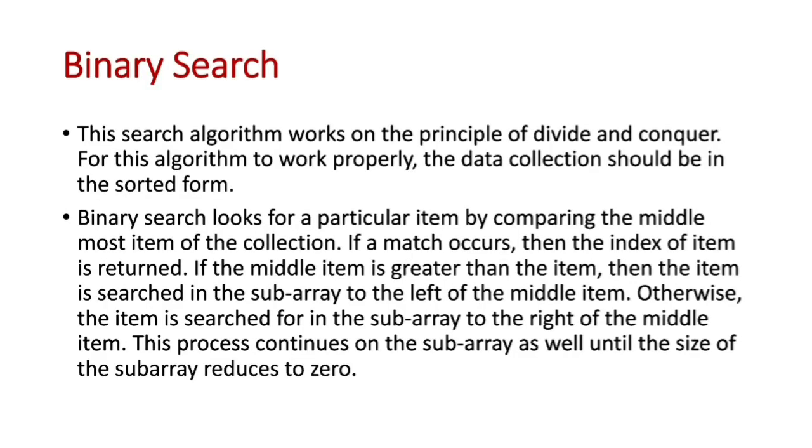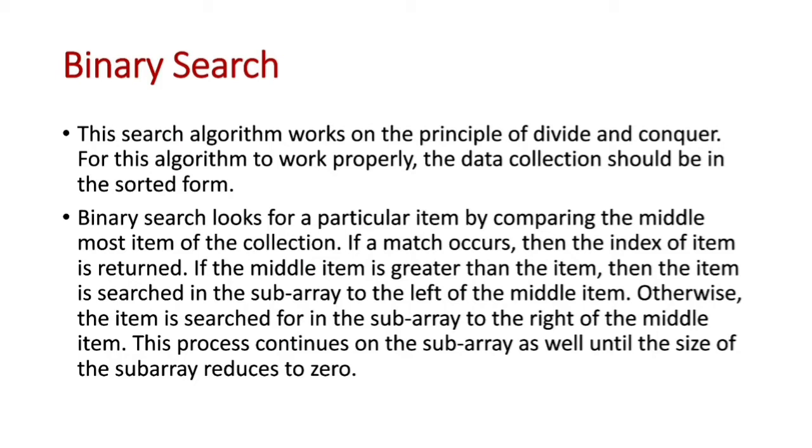Now, this search algorithm definitely works on the principle of divide and conquer. In order to work properly, there is one condition, that the collection, that is your list, should have sorted elements. Now, how does this actually work? Binary search looks for a particular item by comparing with the middlemost item of the collection. If the match occurs, then the index of the item is returned.